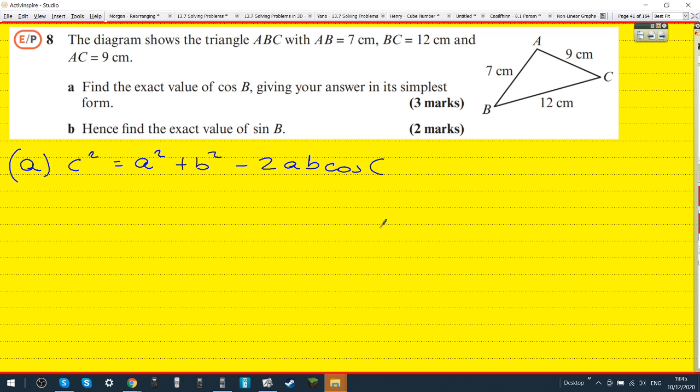Yeah. The important bit is the side opposite. Oh, so it's 9. So it'd be 9 squared equals 12 squared plus 7 squared minus 2 brackets 12 brackets 7 and then cos c.